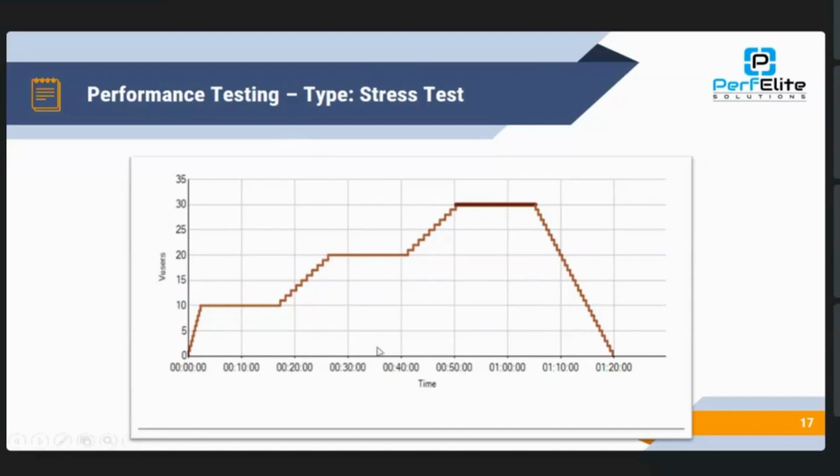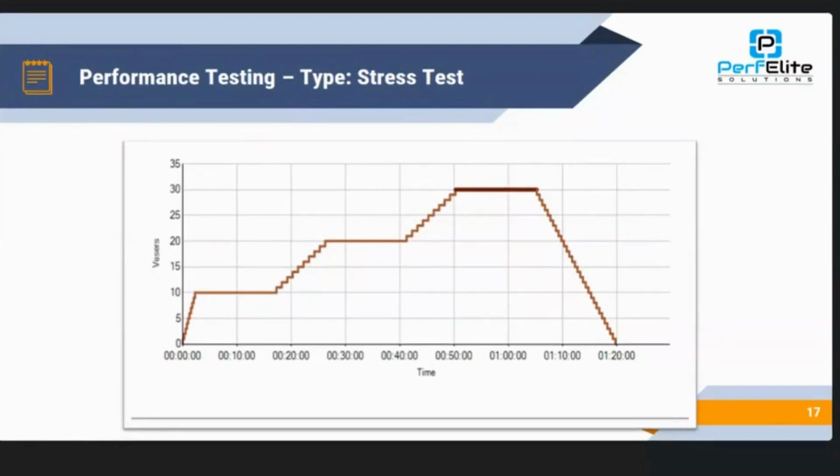If you started with 10 users, ran for some time, and then had a ramp down, the user count would be decreasing. You should not decrease the user count. You have to keep increasing it, which means having multiple ramp ups. You should keep adding users within multiple ramp ups, and finally bring them all down at a single time.